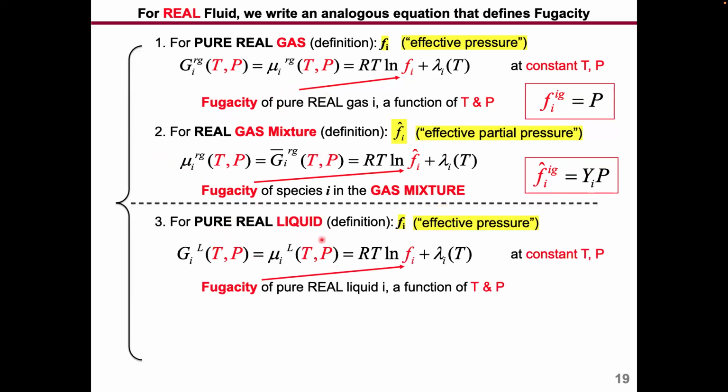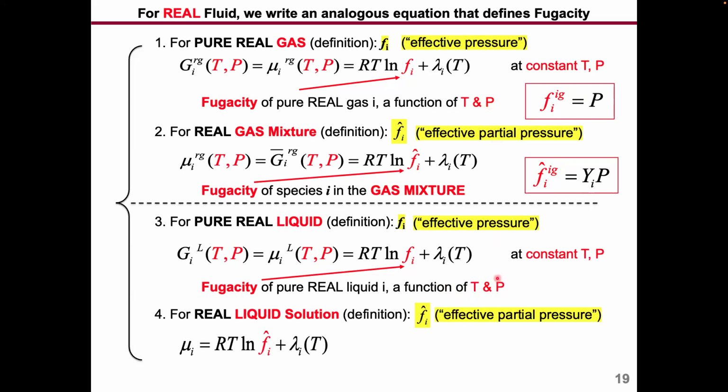So these are for gas. But for pure liquid, real liquid, you can also do the same thing, right? G_i^L is equal to mu_i^L is equal to RT natural log f_i. Again, f_i is kind of like an effective pressure of your liquid, right? Or fugacity of your liquid. Again, it's a function of T and P similar to this, okay? Now for a liquid solution, right, you can use the same definition f_i hat.